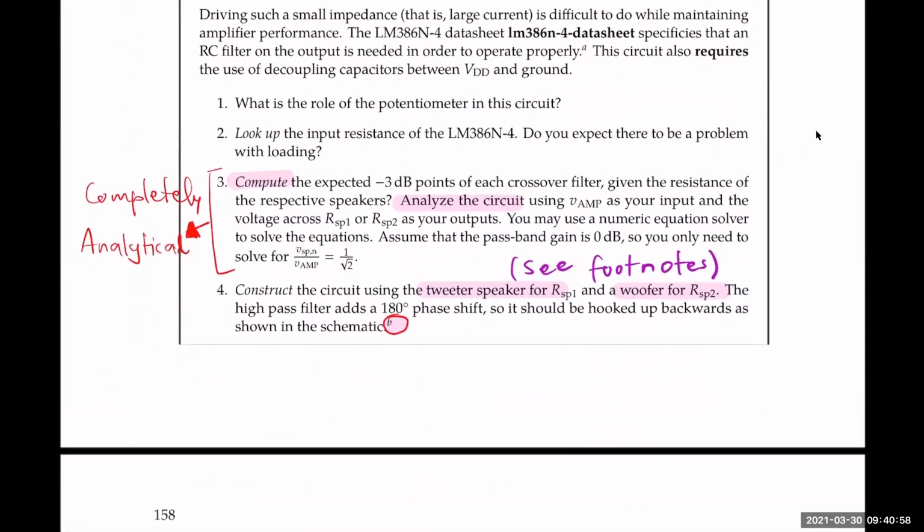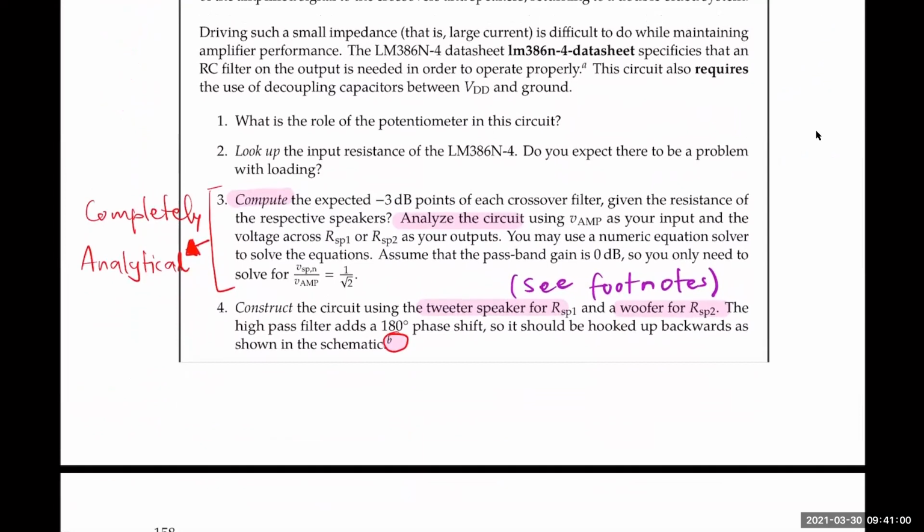Here, one thing I'll point out is that step 3 is a purely analytical exercise. There are no measurements here. You will be measuring the 3 dB points in a later step, but here you're just doing the analytical exercise of coming up with the transfer function for the filters and setting that equal to 1 over square root of 2 to find the 3 dB frequencies.